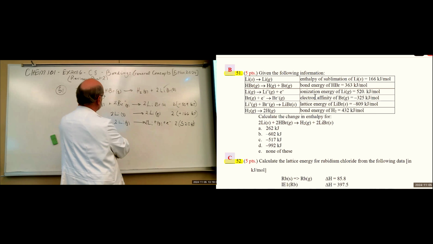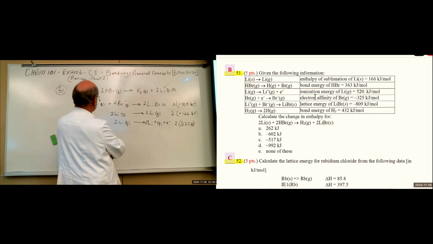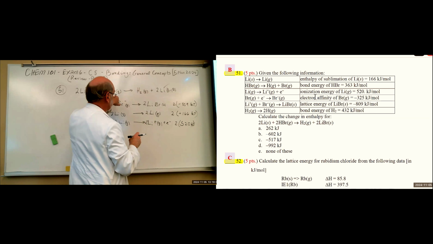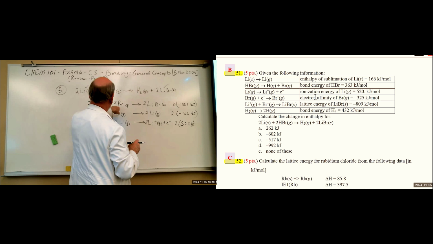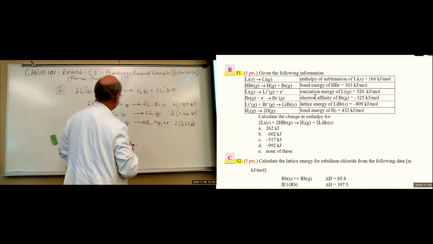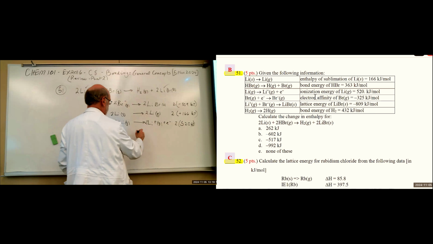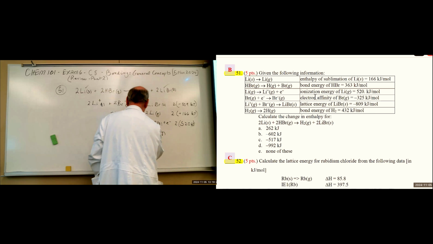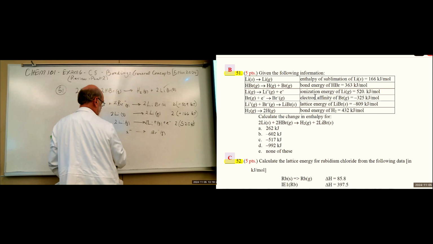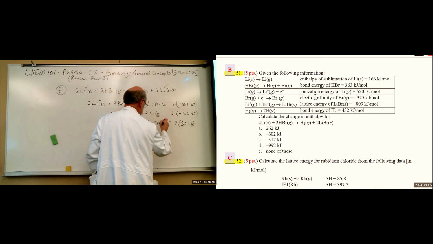Now we need to get the bromine in there for this one. All right, how did we end up with this bromine? Well, bromide needs to go on that side. And the electron needs to be on this side. Actually, that's 2.